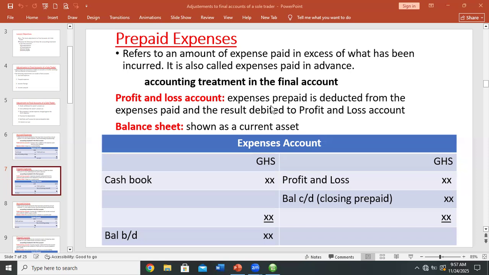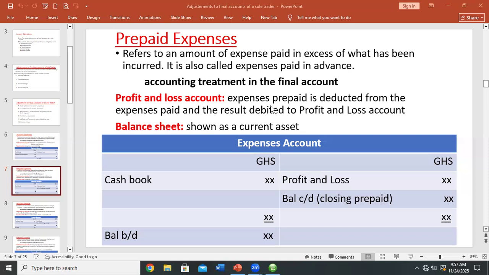So he has to tell us that I paid 700, but I need to deduct 200 as an advance payment, giving us the true fees for the term, 500. So that is why we subtract the prepaid expense. In the balance sheet, that amount is shown as a current asset because it's our own money. We can decide to claim it if we have not exhausted the period or we haven't incurred any expense.